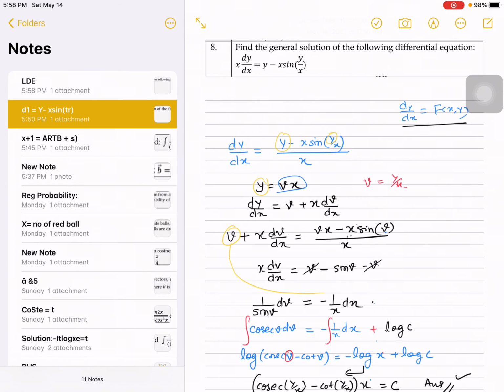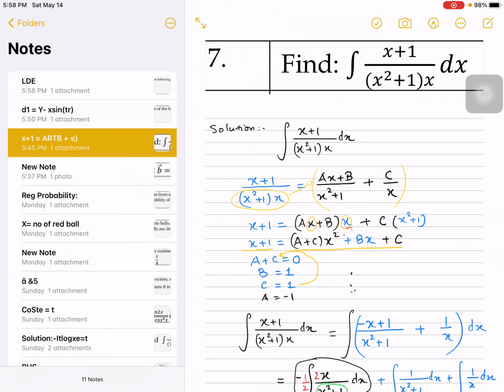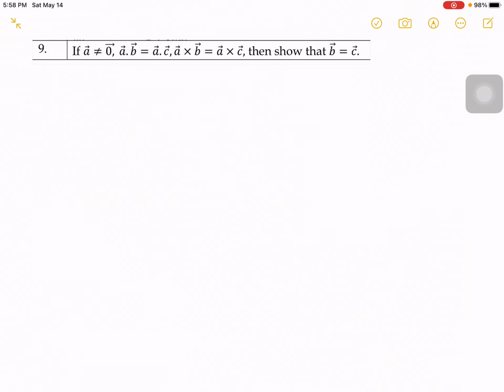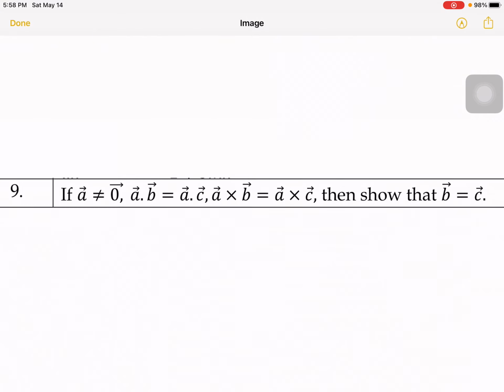Now the last question for this session, which is the vector theory question, the 9th question.